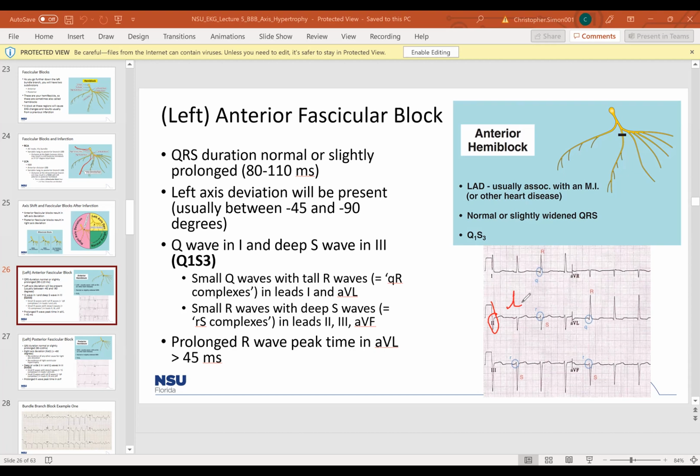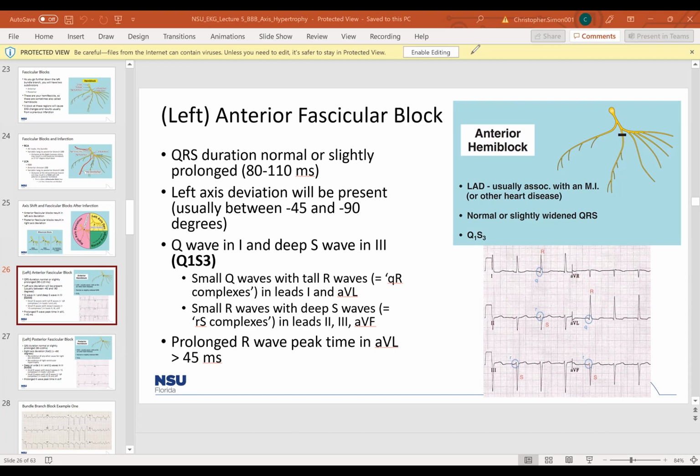But if you have a left axis deviation or a right bundle branch block, and lead 2 is a net negative lead, in other words, the net deflection goes down more, then you have a left anterior fascicular block.